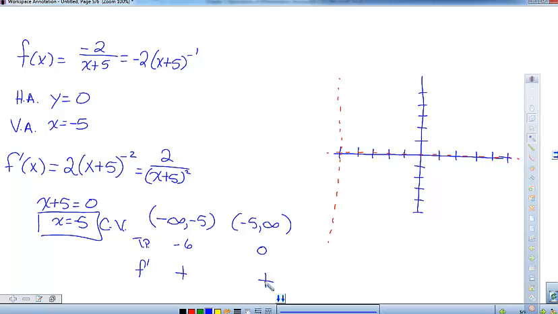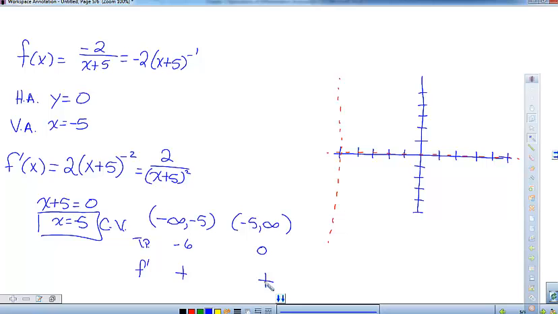Well, what's negative 1 to the negative 2? It's an exponent, so we're not subtracting, we're multiplying. So that's why I wrote it this way. Okay, so we know where it's increasing and decreasing.